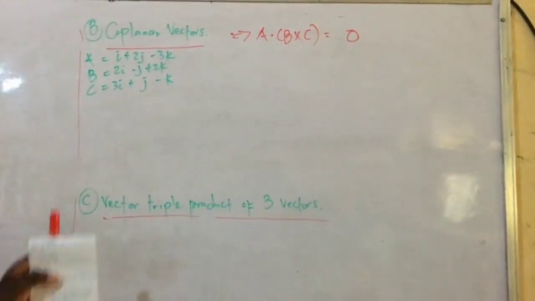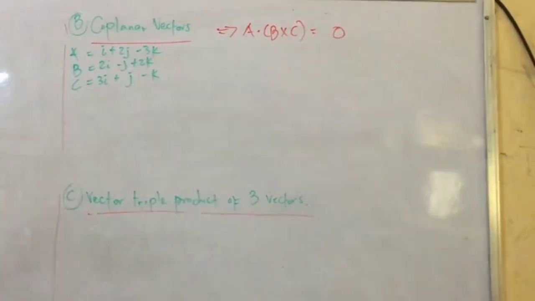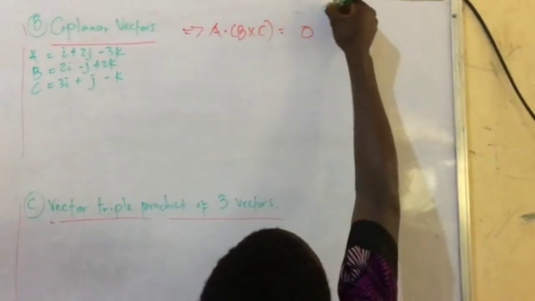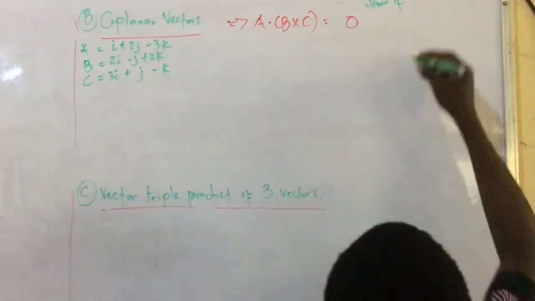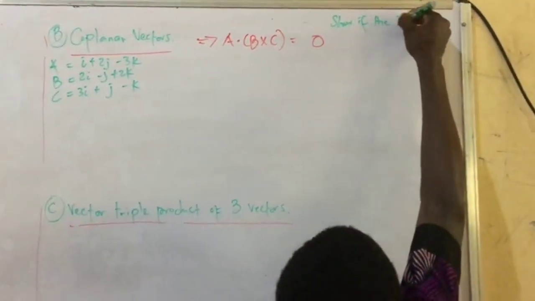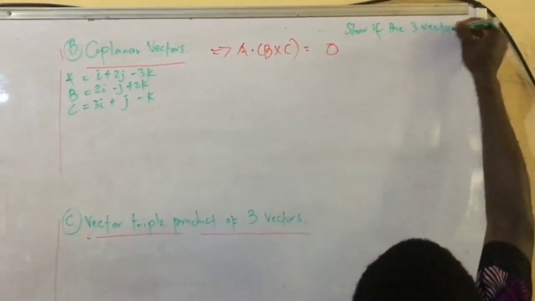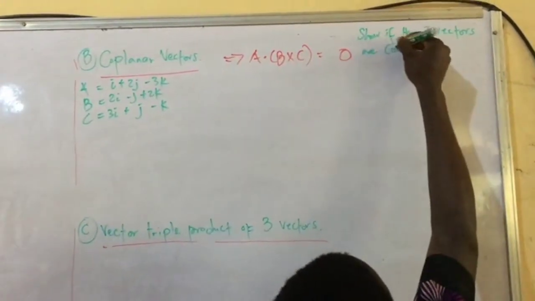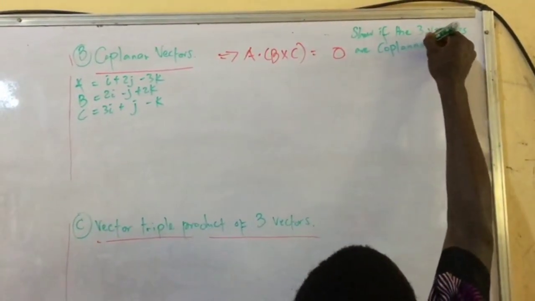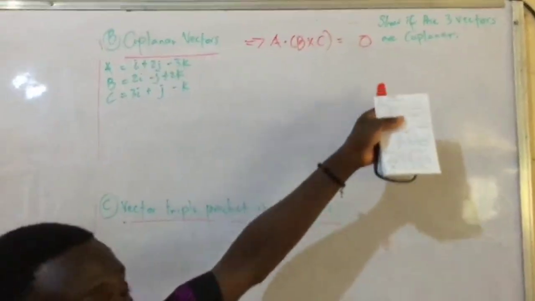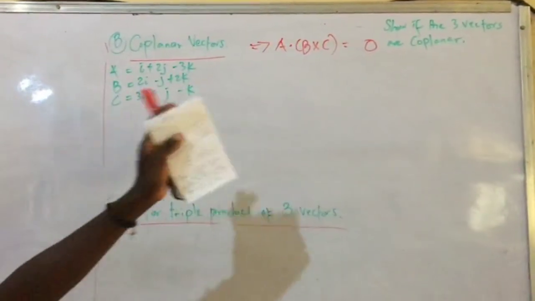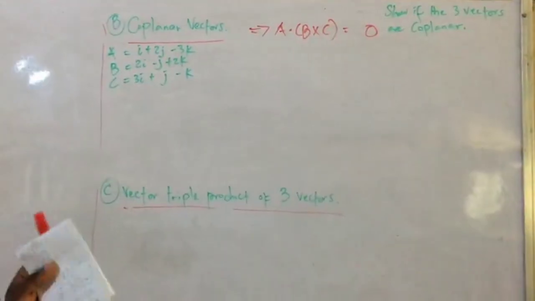Now you have to show if the 3 vectors are coplanar. So if you calculate this and it leads to 0, that means it is coplanar. If it doesn't lead to 0, that means it is not coplanar. So let us check this out.